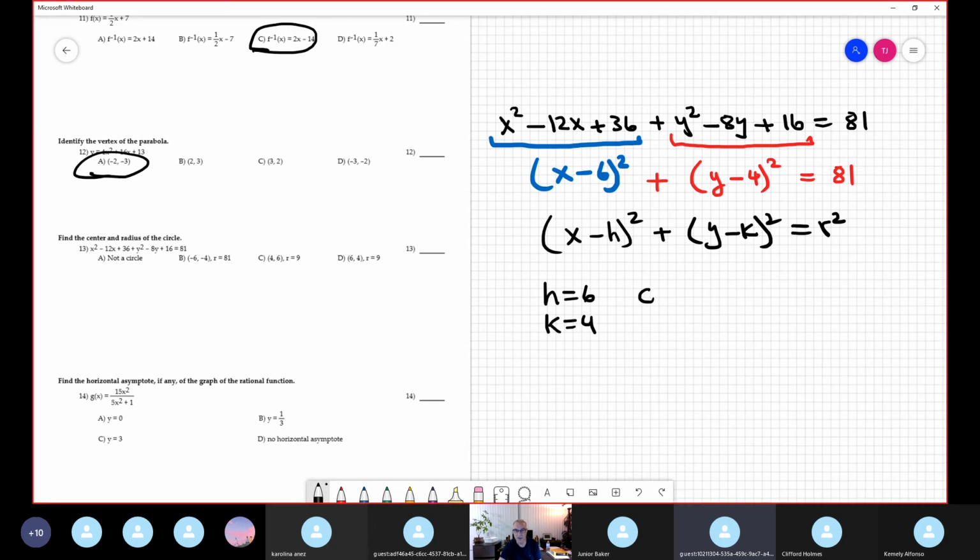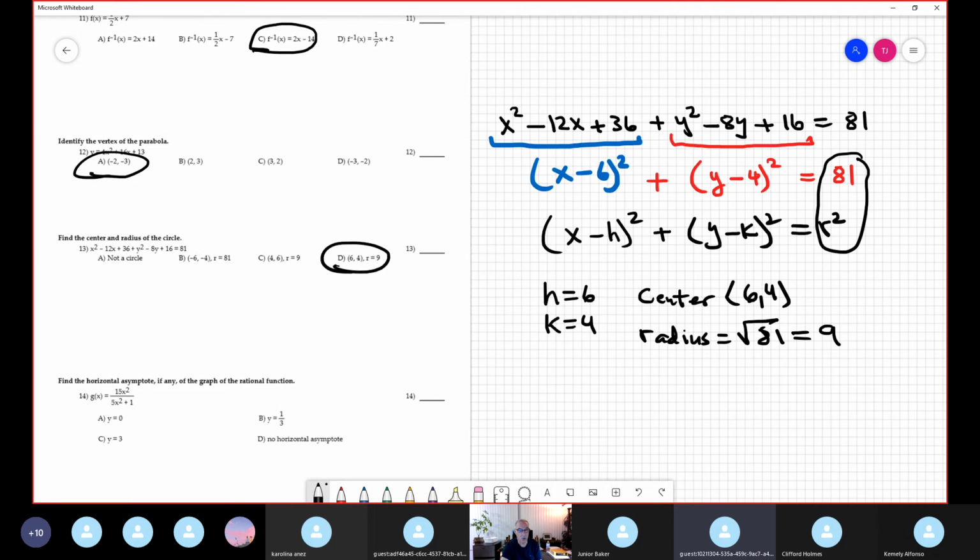The center is located at the point 6, 4. And the radius is the square root of 81, because the number on the right-hand side is r squared. Therefore the radius is the square root of 81, which is 9. So it's center 6, 4 and radius 9. Boom. Final answer.